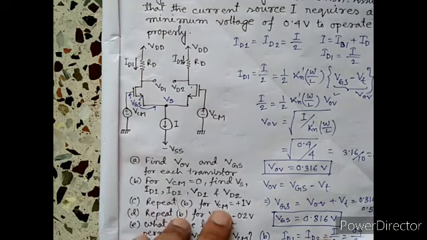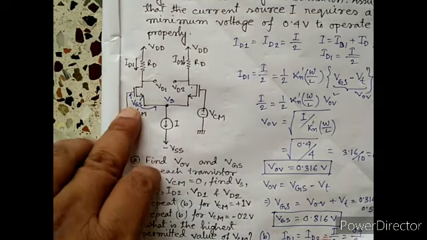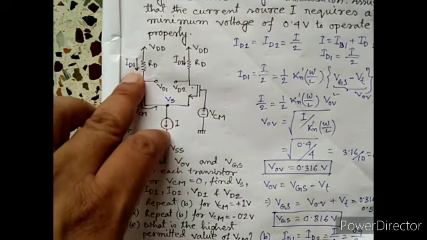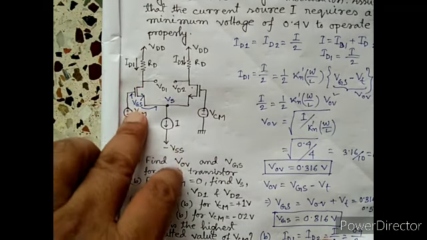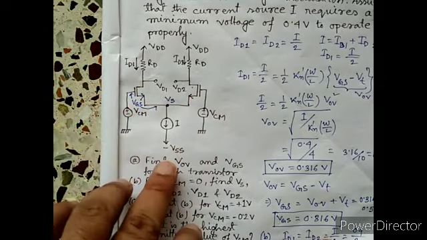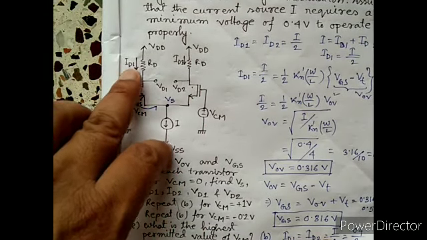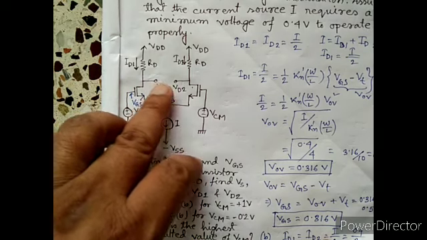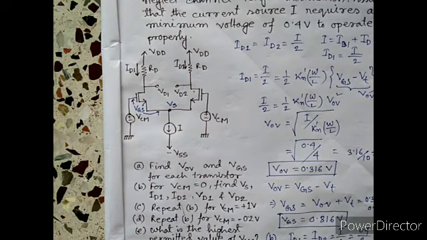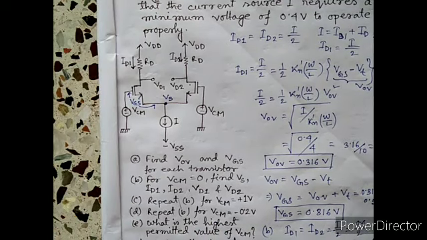As the transistors are matched, the same current will pass through both transistors, so ID1 equals ID2 equals I by 2, so the current will be the same, 0.2 milliampere.